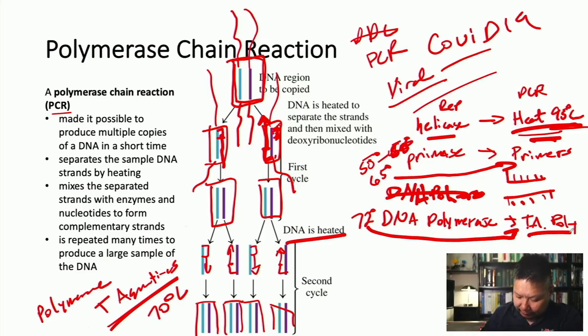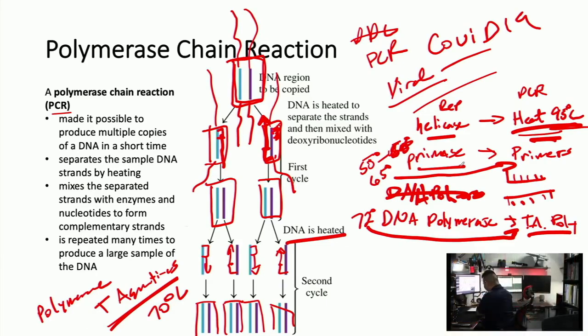After that, in replication, our cells use primase to tell the polymerase where to begin, but in PCR we actually synthesize primers to tell the polymerase where to begin. Those are short pieces of DNA that match the beginning and the end of the gene, so we call them the forward and reverse primer.